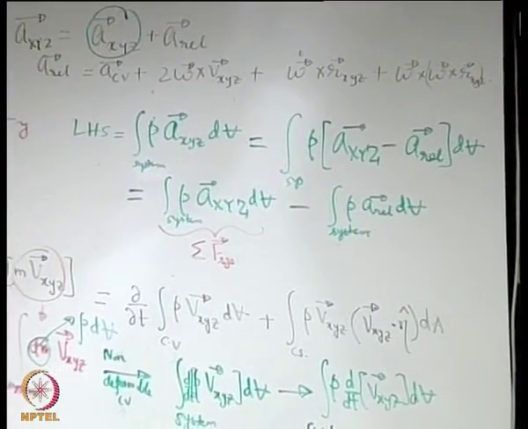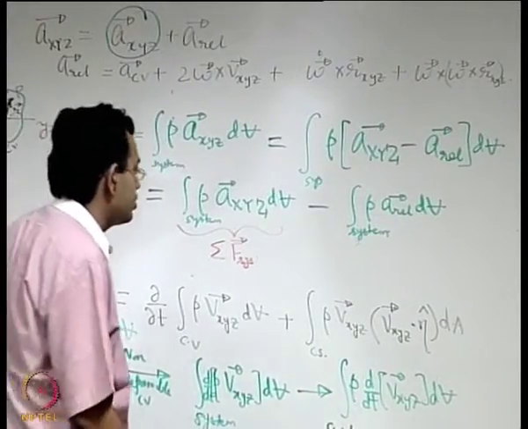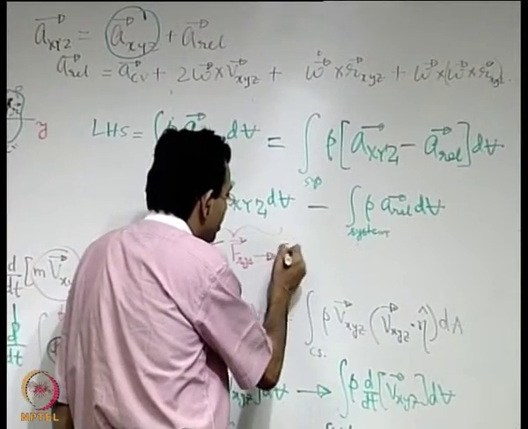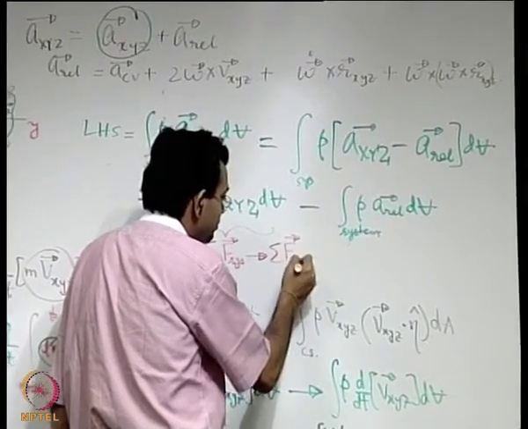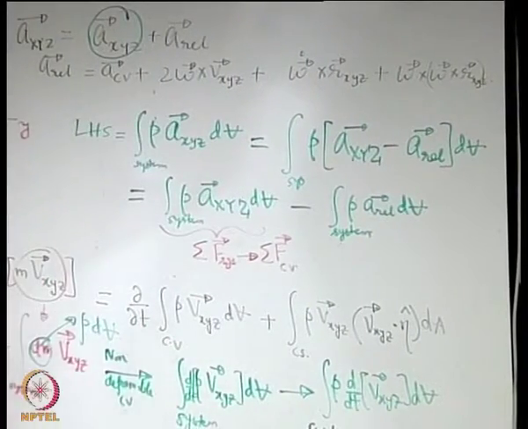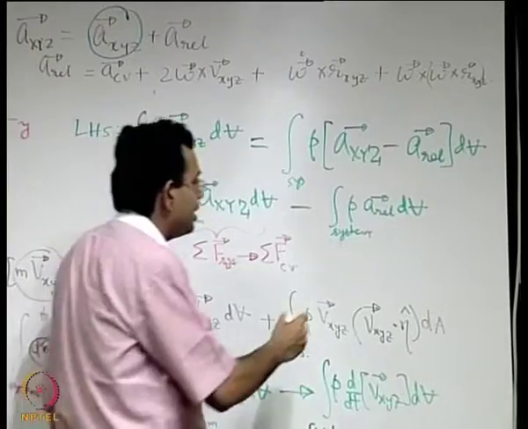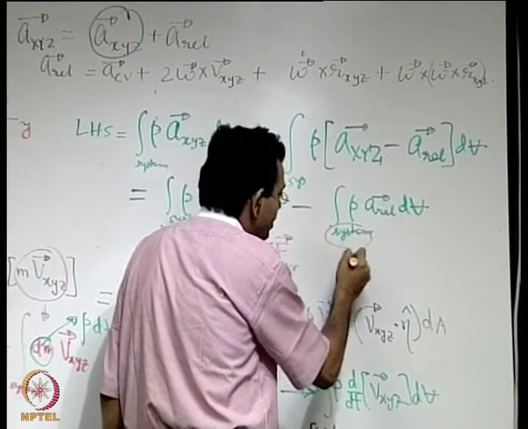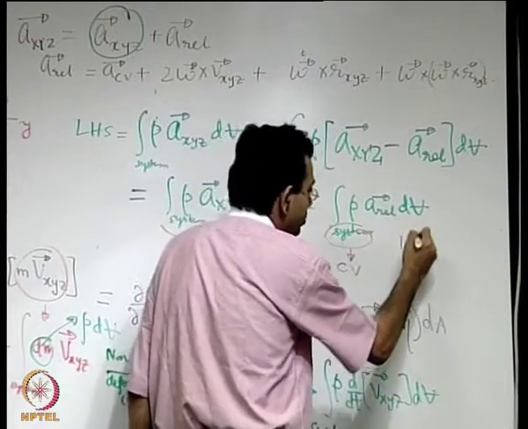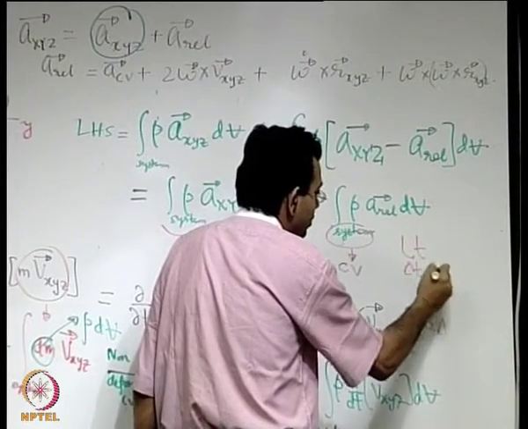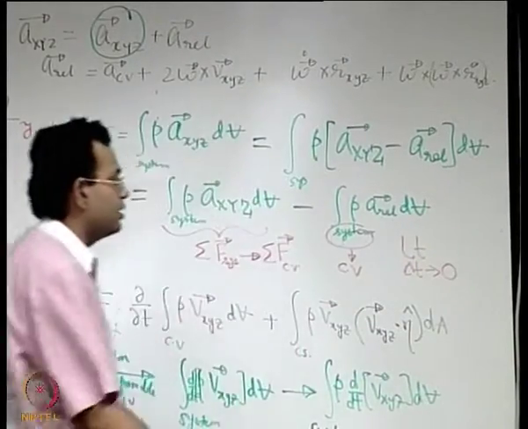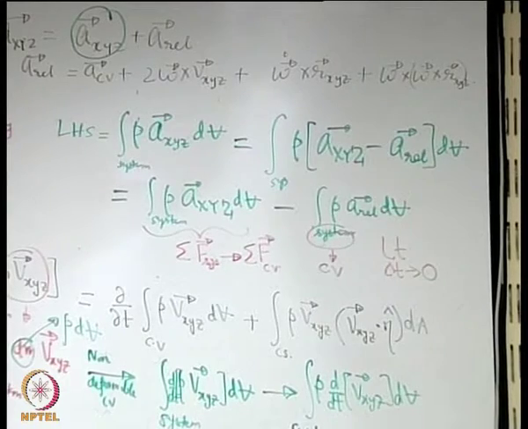And since we considered the limit as delta t tends to 0, this is as good as the resultant force on the control volume, and in that limit the system tends to the control volume.